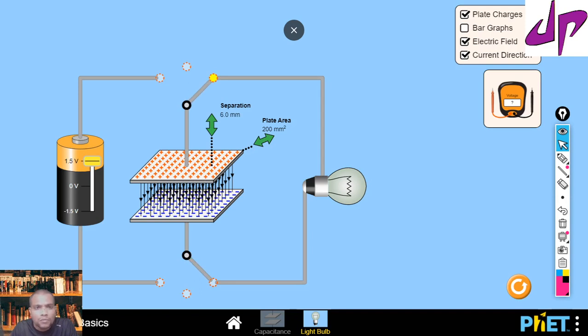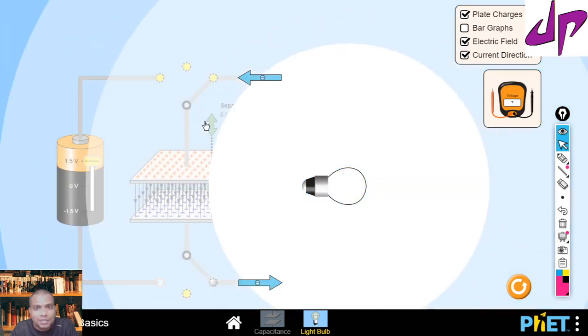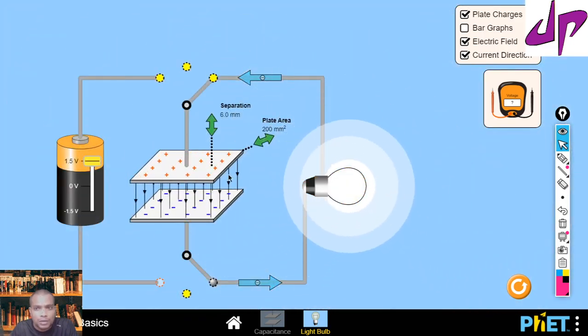Because of the potential difference between the two plates, the charge will flow. If you closely observe, the electrons will flow from the negative plate to the positive plate. That is the direction of electron flow. Because of the flow of electrons, that contributes current. So now the bulb is glowing.